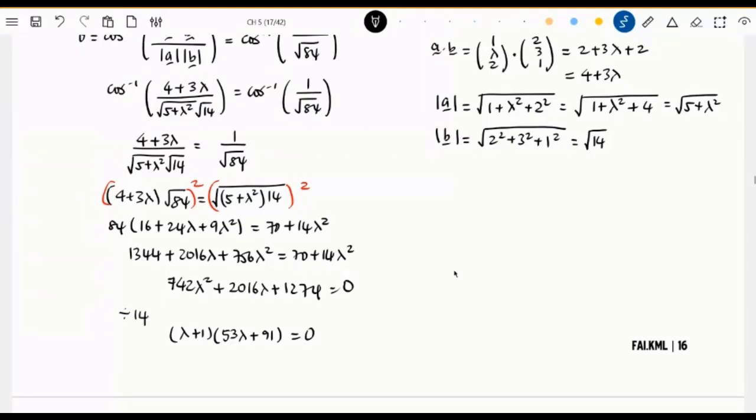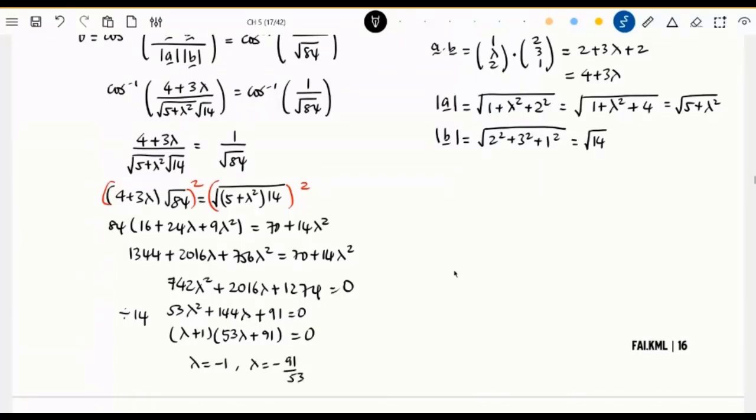So kalau bagi dengan 14 dapat berapa? 53 lambda square, plus 144, and then the last one 91. Okay. So we have two values. Lambda equal to 1, lambda equal to negative 91 over 53.